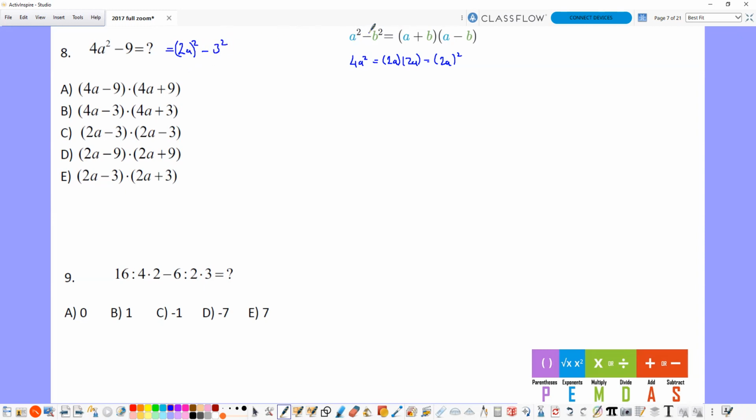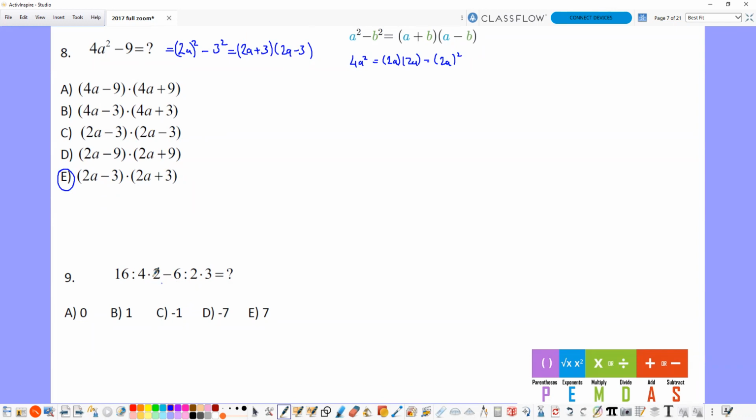So a square minus b square is equal to a plus b times a minus b, which is equal to 2a plus b times, b is 3, 2a plus 3 times 2a minus 3, which is the answer. Here, the option E: 2a minus 3, 2a plus 3.